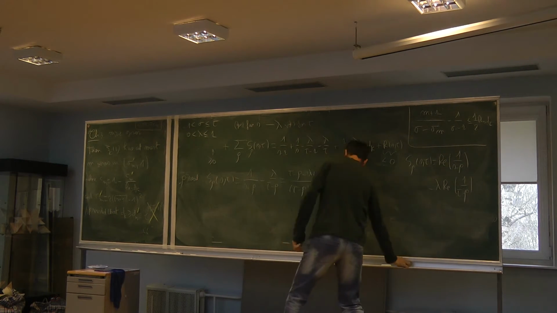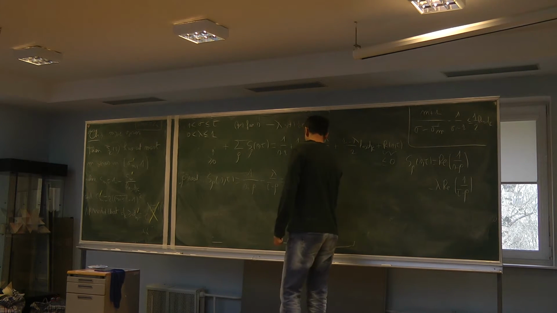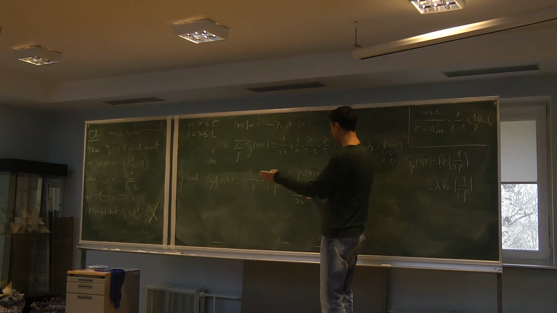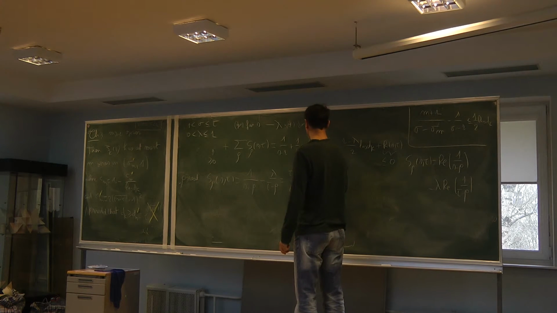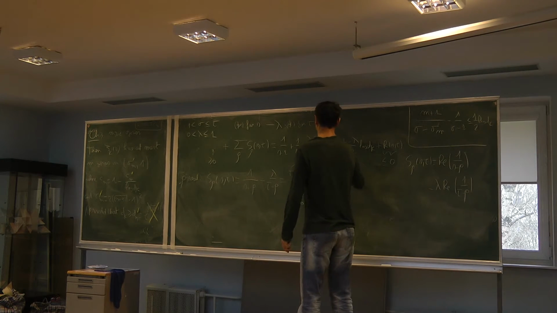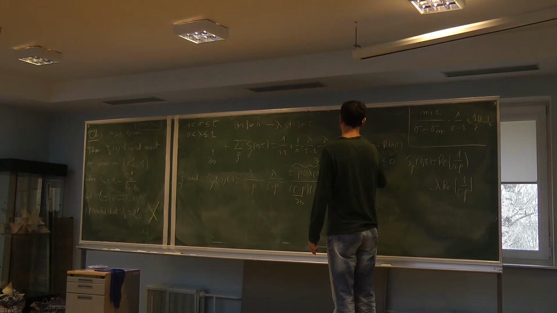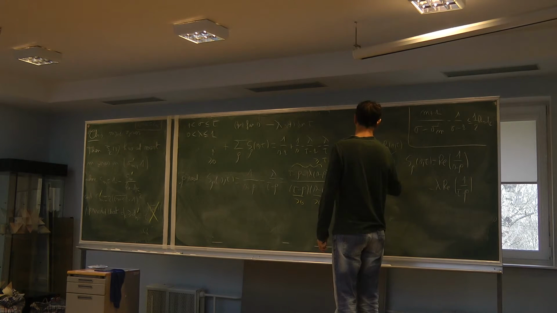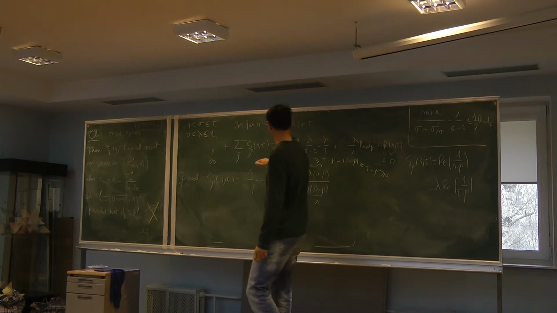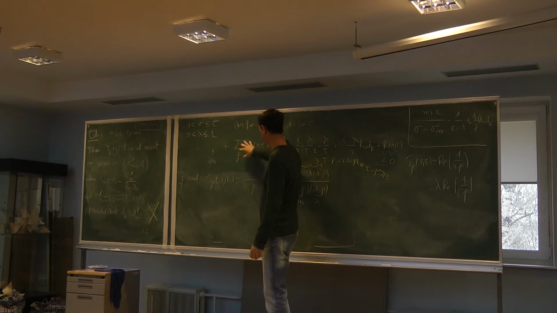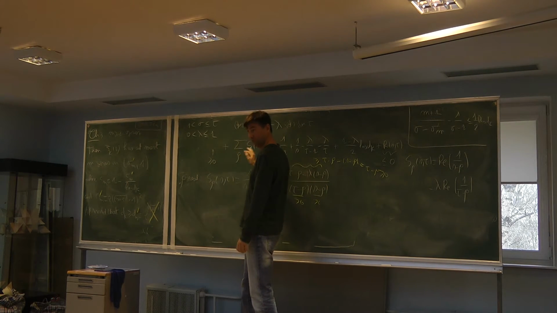Okay, and easy to see. So this one is positive because tau is greater than 1 and rho is between 0 and 1. This one is positive. This one is greater than 1. So this one is less than 1, sorry. So it's also positive. Okay, so it sounds nice because I want to have positive terms because I want to have a lower bound of the left hand side.